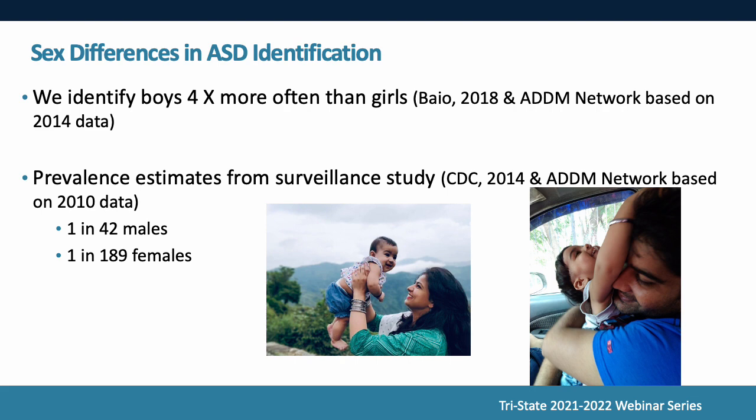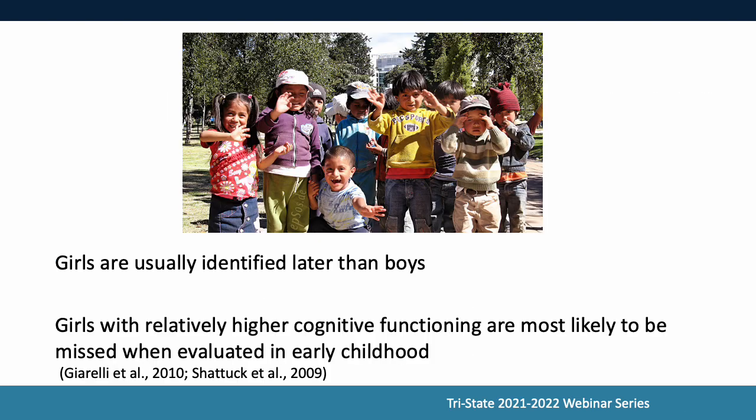So it does seem as though we have a way to go to figure out how to identify girls earlier than we currently do. Whereas the average age of identification for males around the country is between 3 to 4 years, girls are usually identified closer to 8 to 10 years of age, which tells us that we have to begin to be sensitive to how early emerging profiles could exist for females.